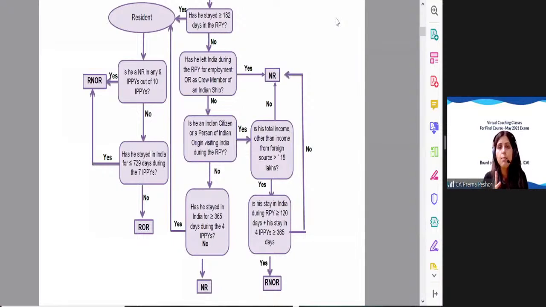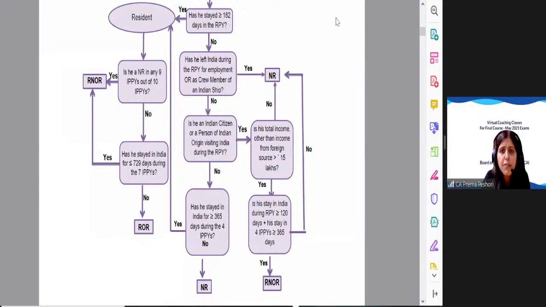That is the reason the government brought in this amendment, so that for RNOR we can tax that kind of income. Earlier, this income from a business controlled or profession set up in India was not taxable for NR. But now, since that NR has become RNOR because of this amendment, we have an increase in total income. Clear, Mridula?